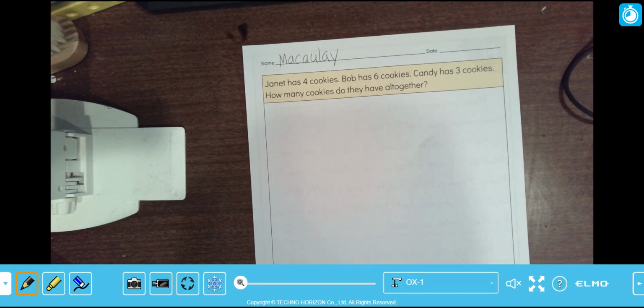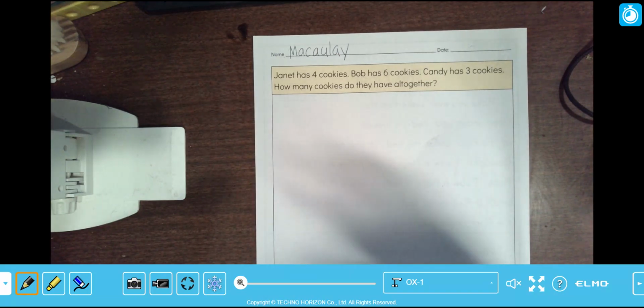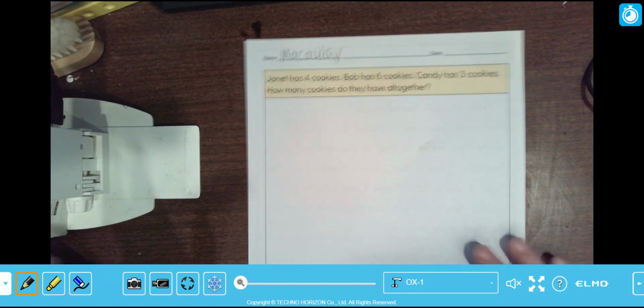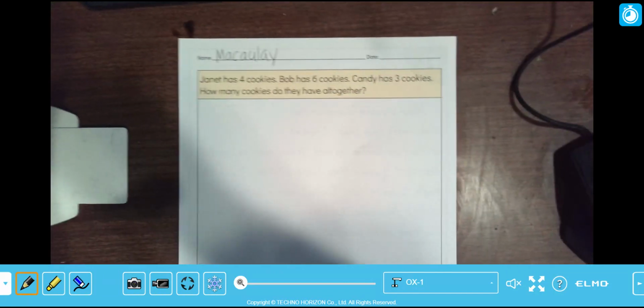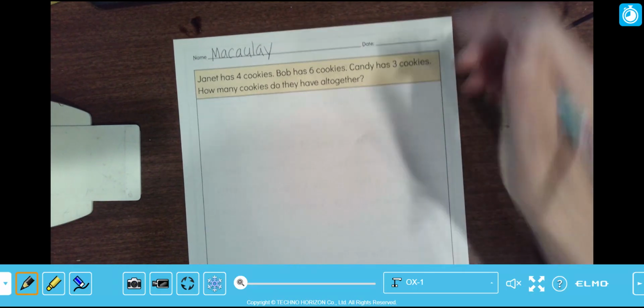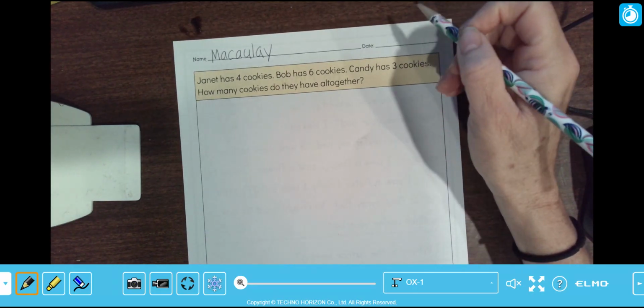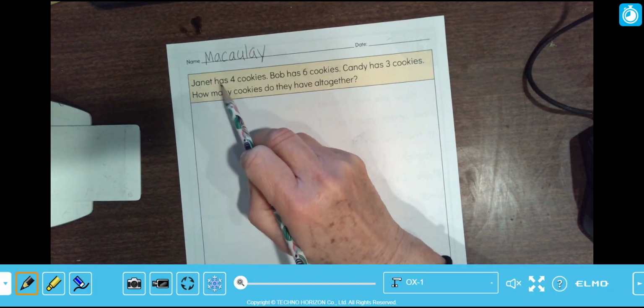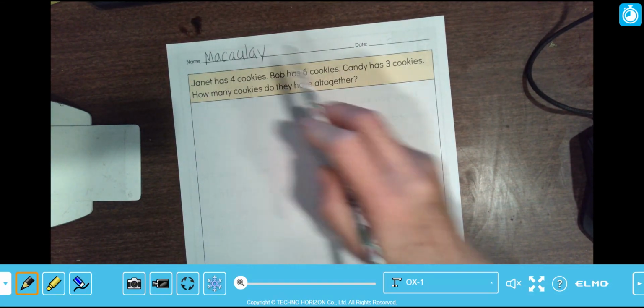Okay. So I'm going to read this problem 3 times, okay? And we're going to think about this problem. So here I go. Janet has 4 cookies.